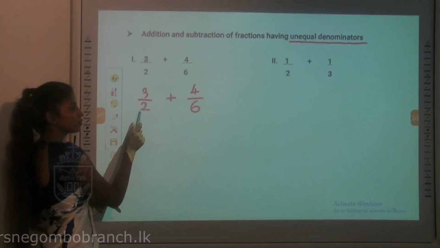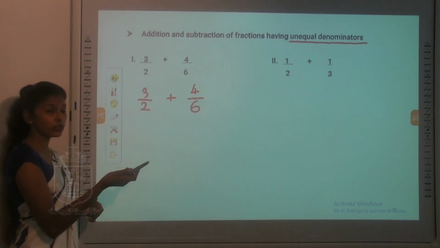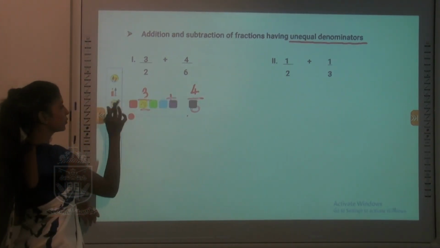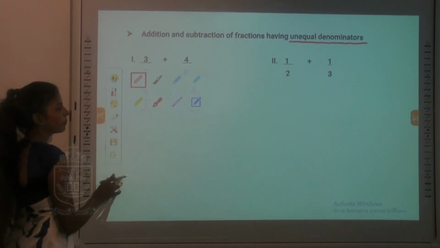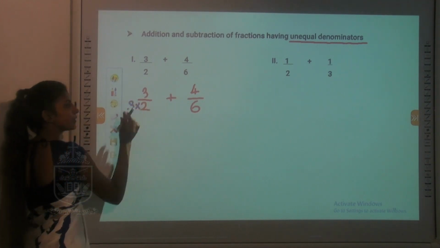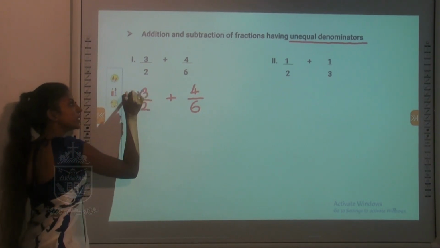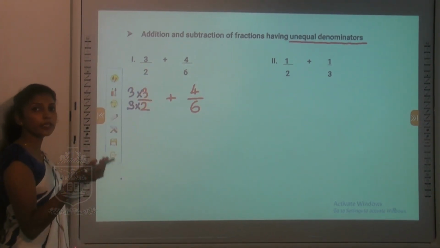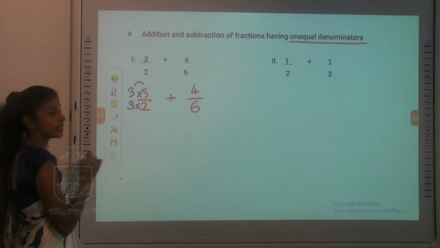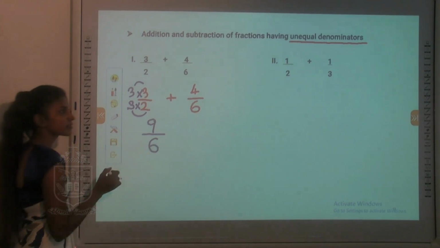It's easy for us to make 2 also into 6. How can we make 2 into 6? We can multiply it by 3. You know that 3 times 2 will be 6. Therefore, you have to multiply the numerator also by the same number. So 3 times 3 is 9. 3 times 2 is 6.